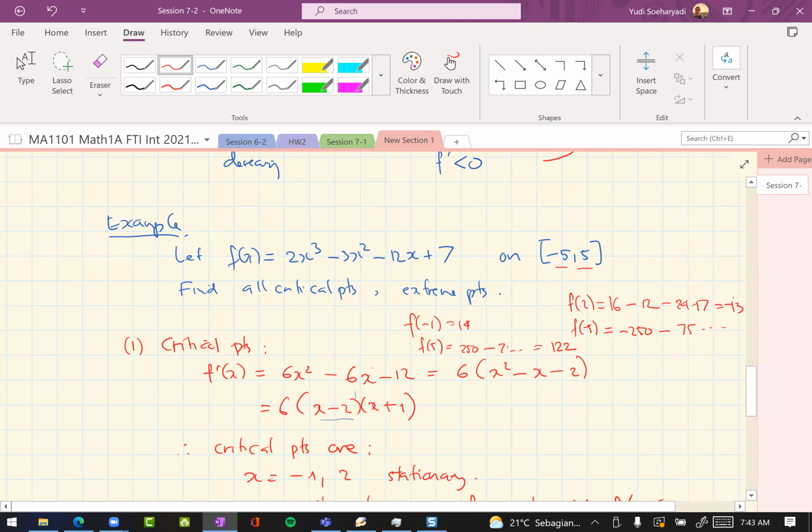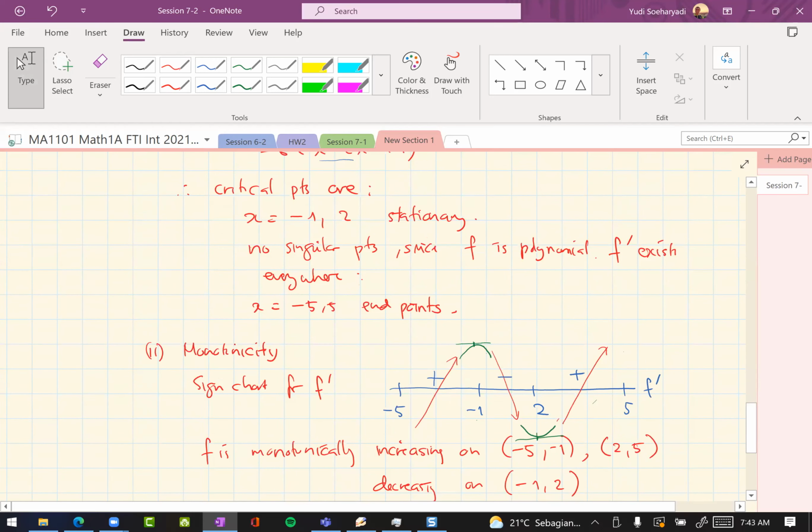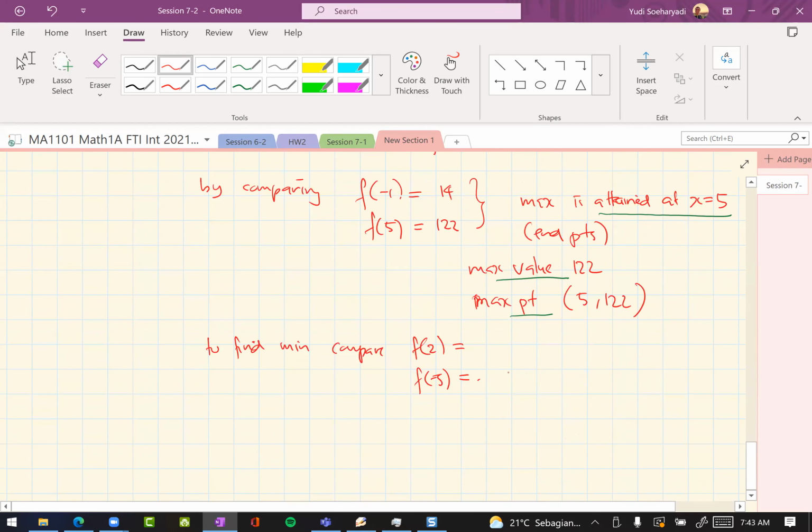All right, so this is lower than this one. So negative 5 is the minimum. Min is obtained at x equals -5.